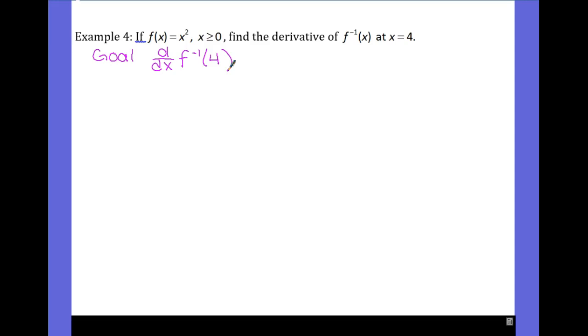So if we do this using method 2, the rule of thumb would be to flip-flop your x and y's. So f inverse of x would really become x equals y squared.